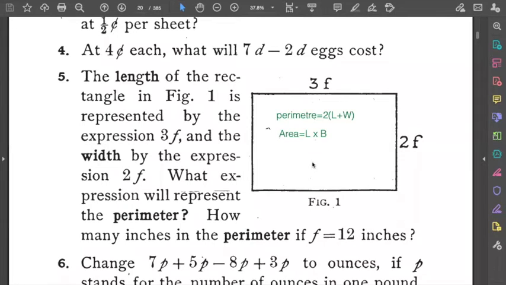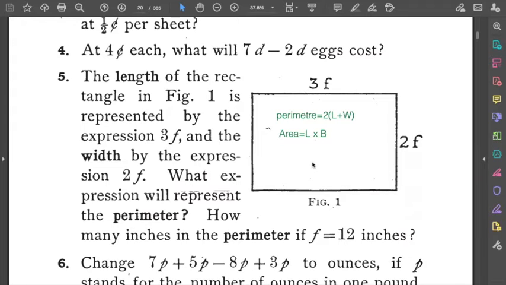Okay, so the expression will be 2 into brackets 3f plus 2f, and the number of inches will be 864 inches. Now you realize that the terms in the brackets are like terms, right?